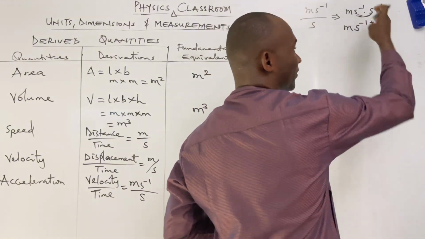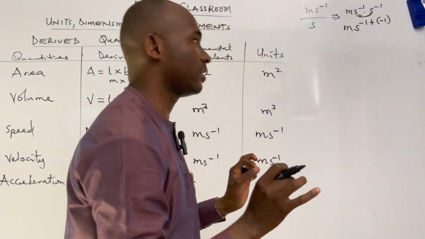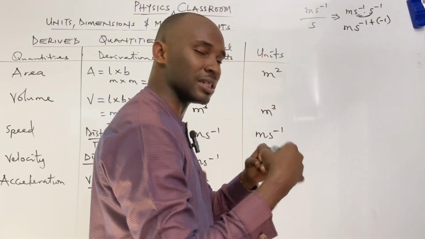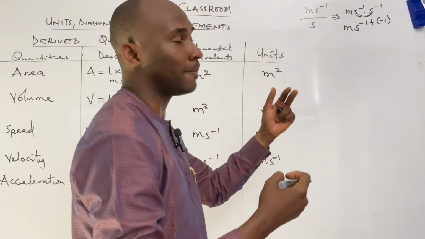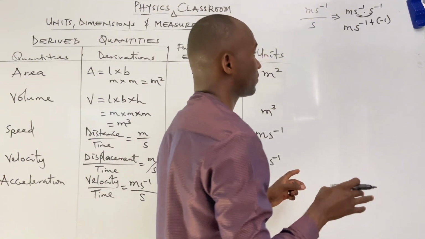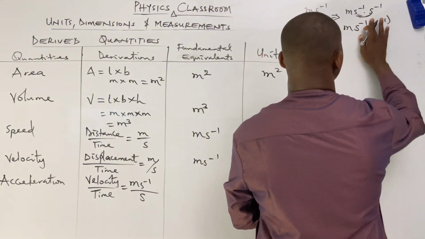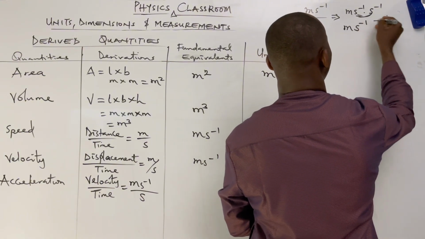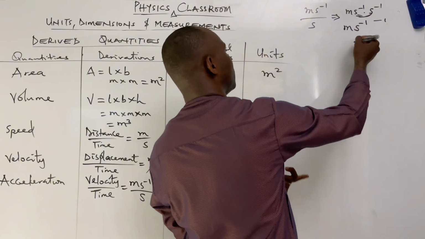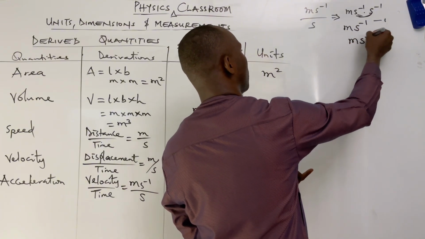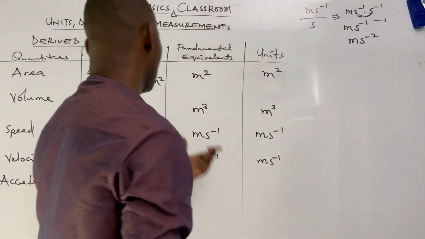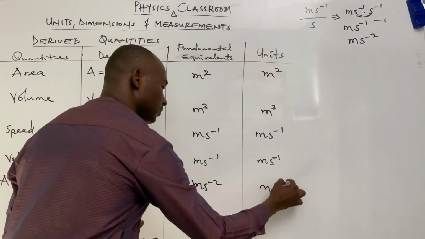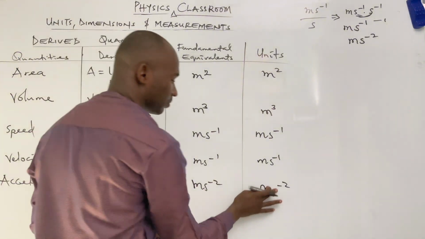Plus times minus is minus, minus times plus is minus, plus times plus is plus, while minus times minus is plus as well. This could be written as m s raised to the power of minus 1 minus 1, which eventually gives us m s raised to the power of minus 2. That is why the unit for acceleration is meter per second square, which is also in its fundamental form.